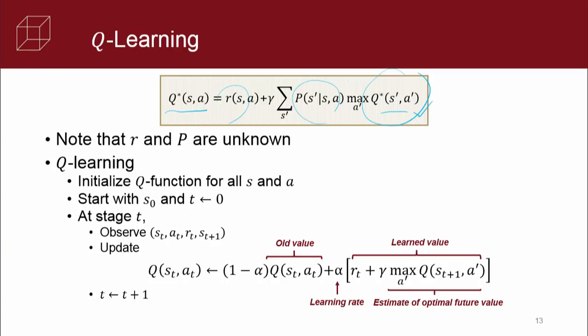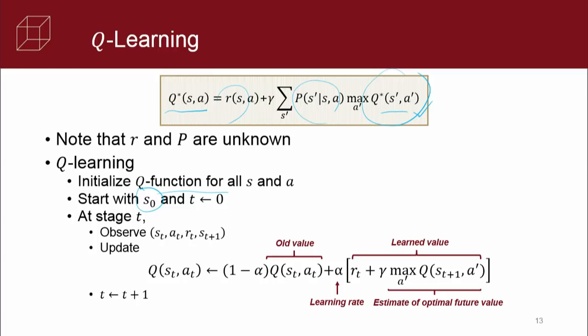So we first initialize the Q function for every pair of state and action. Let us start the process with a certain initial state s0, and let t be 0.